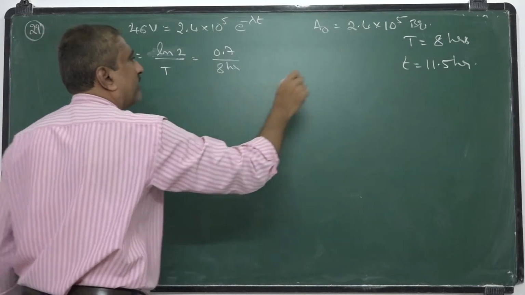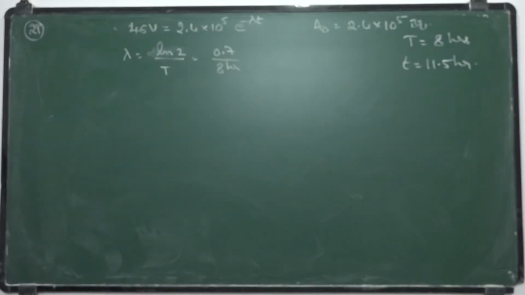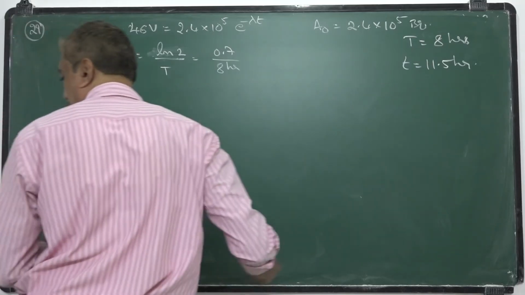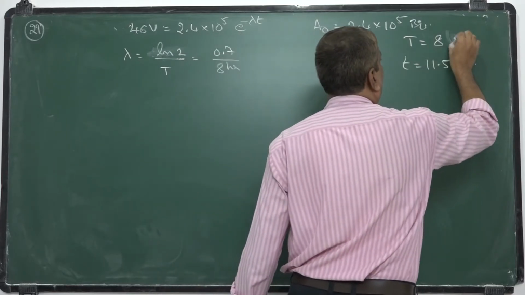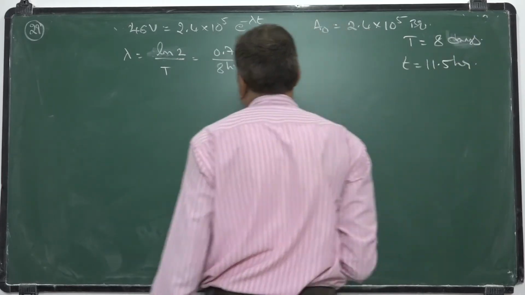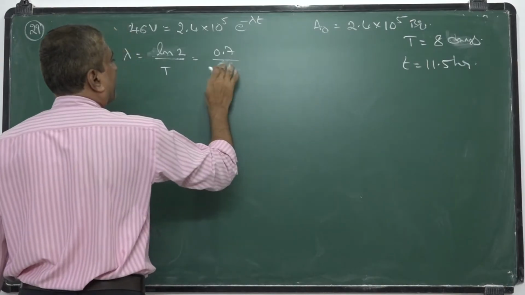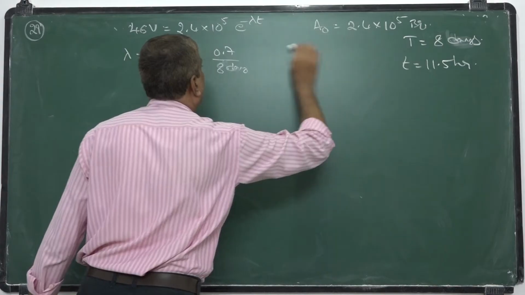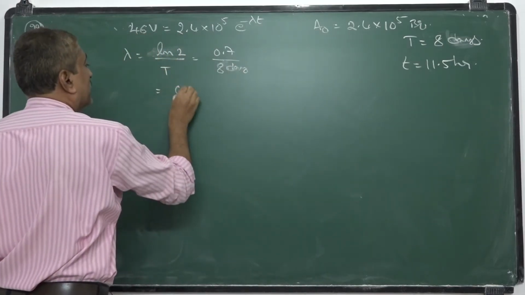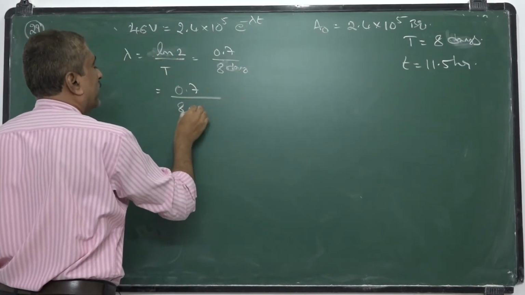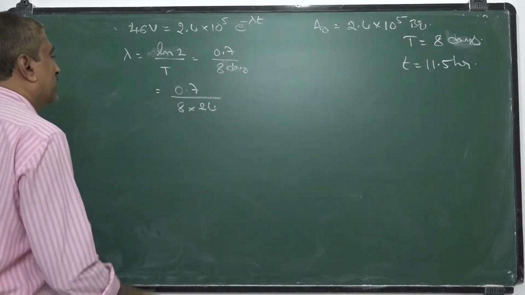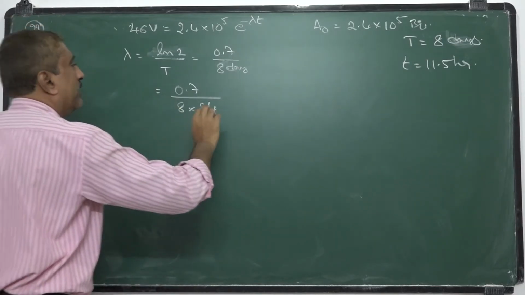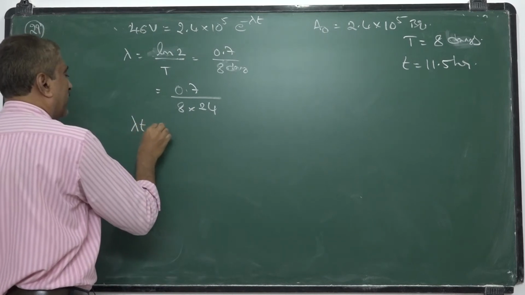Sorry, 8 days or 8 hours? One minute. Sorry, 8 days. So we convert into hours because this is given in hours. So this is 0.7 into, 8 days means 8 into 24. So this is lambda.